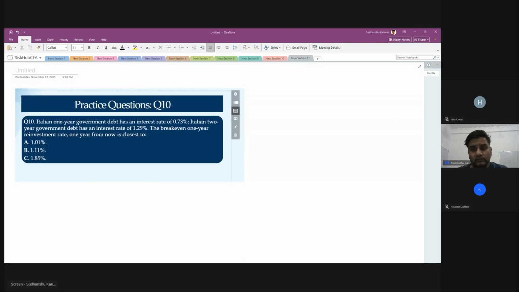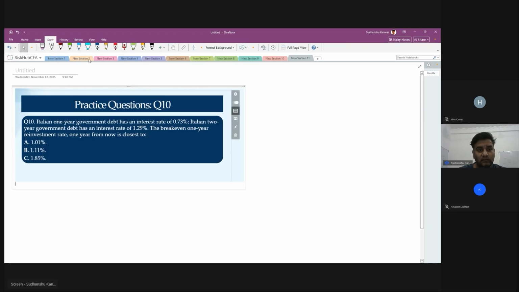All right, let's go ahead, guys. I think this is pretty straightforward because there is no difficulty here. In this question, what has been asked? Italian 1 year government debt has an interest rate of 0.73%.